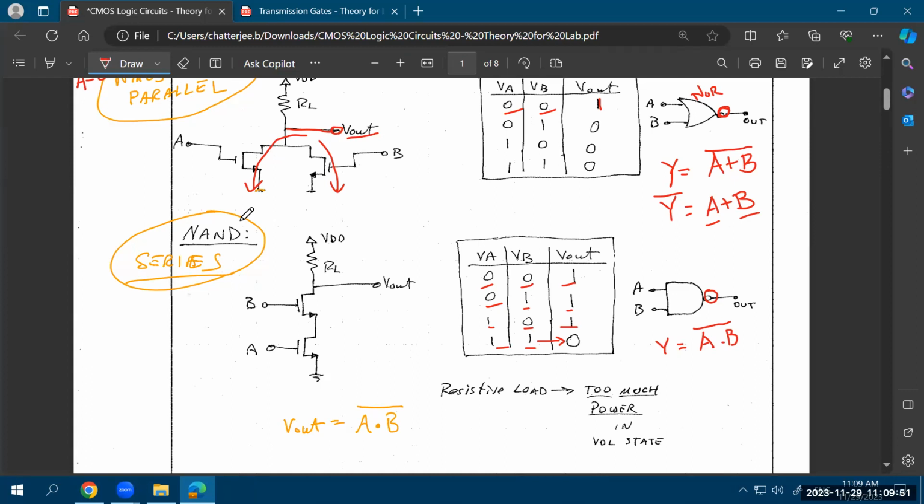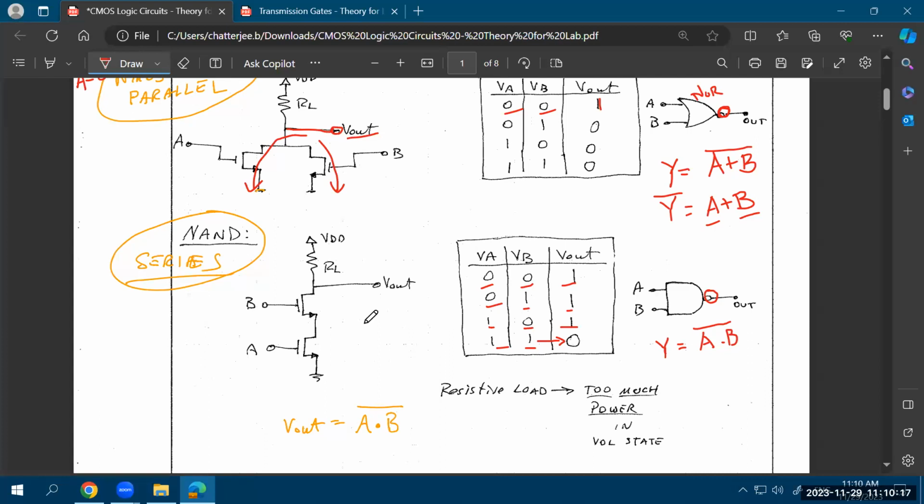Again, I'm just assuming all of you know what a NAND gate is, by definition. And please let me know if it is otherwise, because then we can go into the details of why you call it a NAND, why you call it a NOR, and things like that. But at this point, I'm just assuming that you know about this. So from the truth table, you again found out that your Y is equal to (AB) bar.